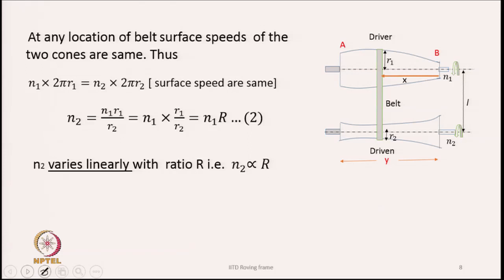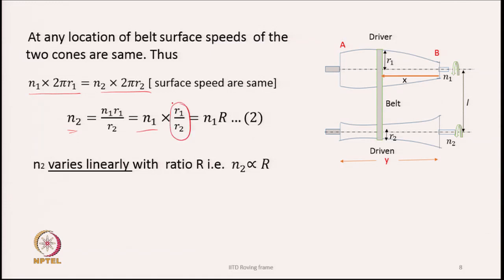If the surface speed is constant, then we can write that n1 2 pi r1 is going to be n2 2 pi r2, where n1 and n2 are the rotational speeds of the respective pulleys. In this case, it is the driver cone drum and driven cone drum. From there we can write what n2 is. N2 is basically n1 into r1 by r2.